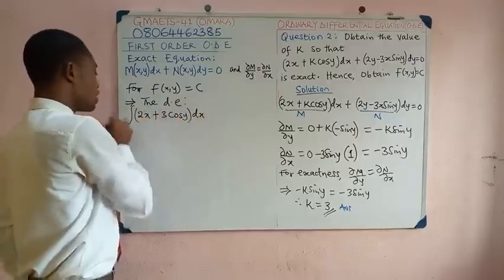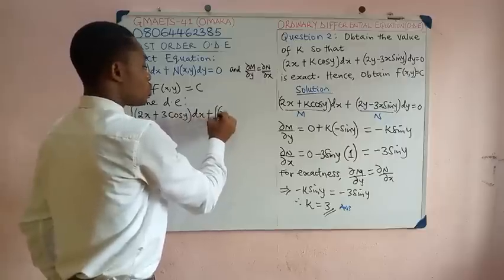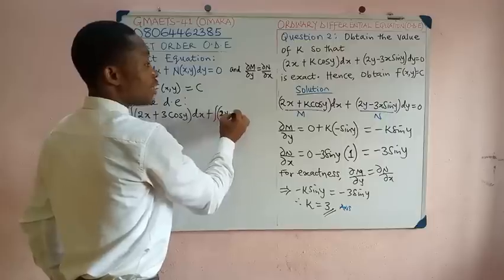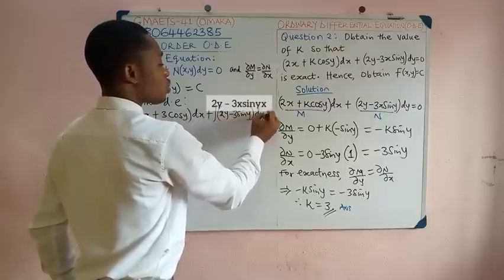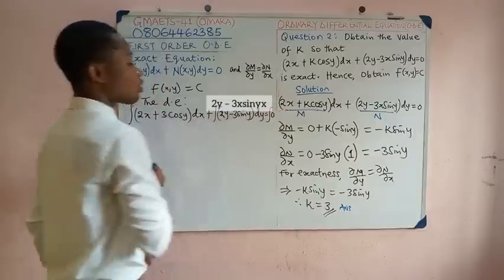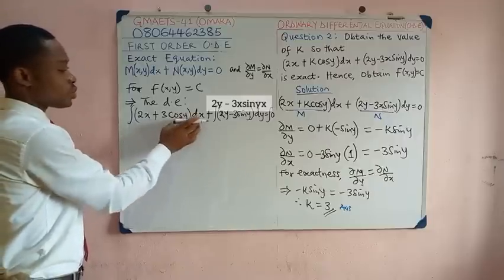We are going to integrate this with respect to x, then plus integral of 2y minus 3 sine y. We are going to integrate this part with respect to what? Y, and that will be equal to integral of 0. Then what would this give to us? Let's now integrate this part with respect to what?